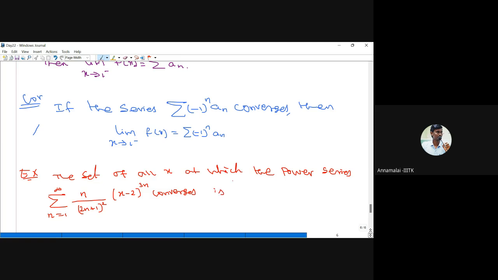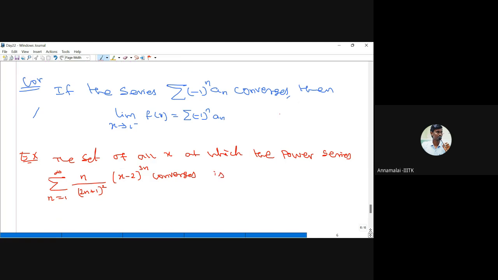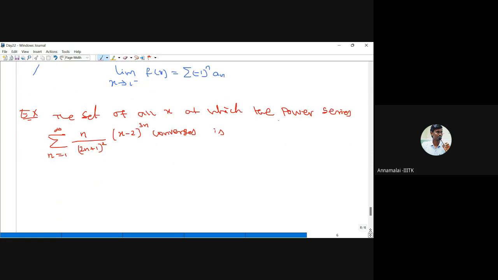For what values of x does the series converge? The first option is closed minus 1 comma open 1. The second option is closed minus 1 closed 1. The third option is closed 1 open 3, and the fourth one is closed 1 closed 3.